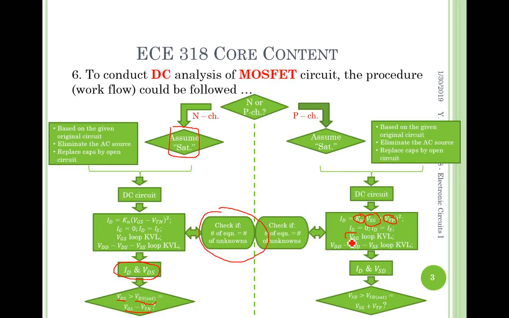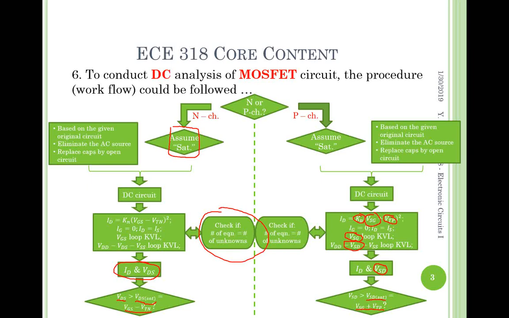And the KVL loops are the VSG loop and the VSD loop. So we find ID, of course, as well as VSD. And in the saturation checking, be careful, it is the VSD saturation voltage, which equals VSG plus VTP. So these differences are worthy of notice.